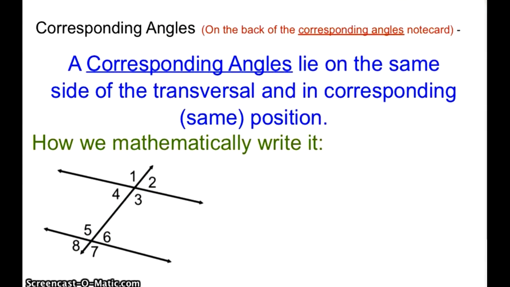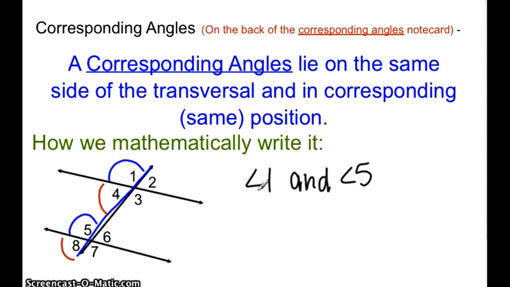Corresponding angles. Corresponding angles lie on the same side of the transversal and are in the same position. So how we do this is angle 1, and I'm going to look at the same side of the transversal and where it lays in the same spot. So 1 and 5 are in the same spot. Angles 4 and 8.